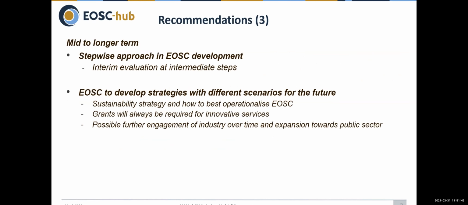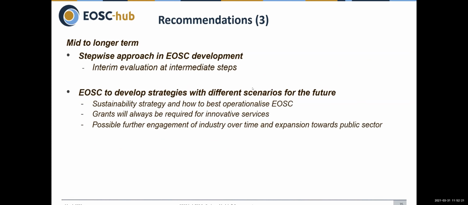And the last slide, mid to longer term recommendations. A stepwise approach in the EOSC development is needed. I think this is followed already in the work programmes and in the different developments. An interim evaluation is needed at intermediate steps, and of course the EOSC governance, but also input from other key stakeholders needs to be included to continue to develop strategies.